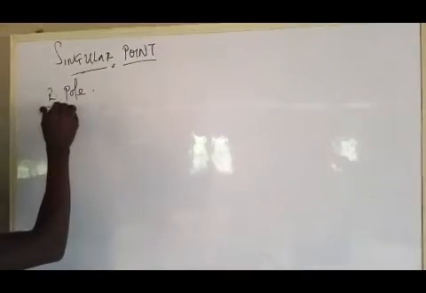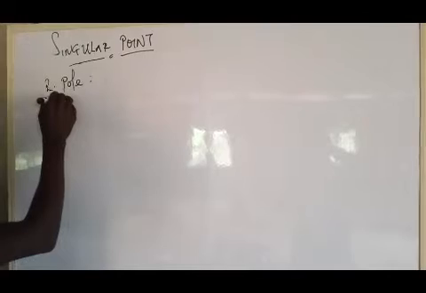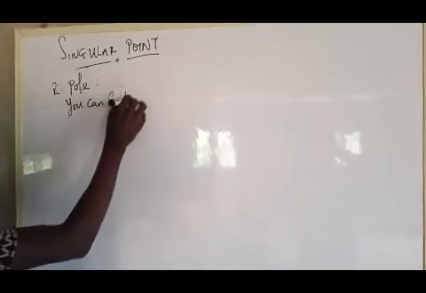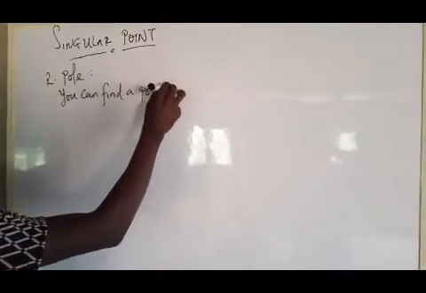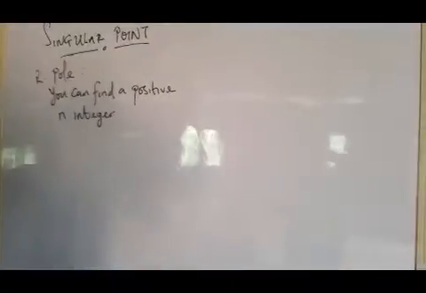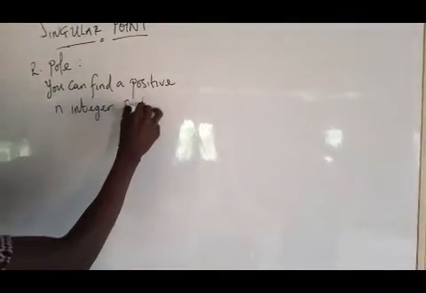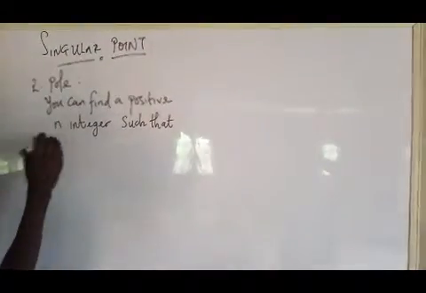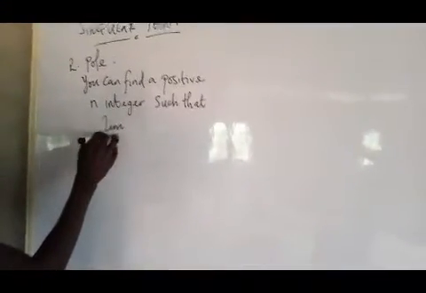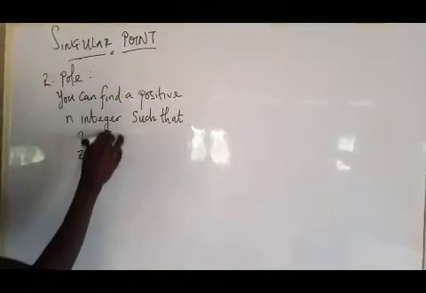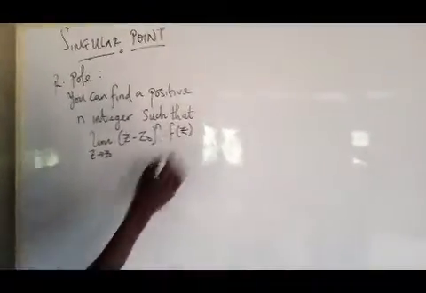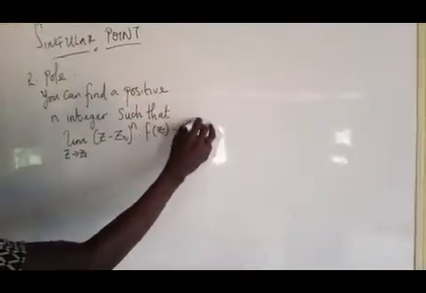The time you say a number is a pole of order anything is when you can find a positive integer n such that, this is the formula we use when we are solving poles, the limit as z tends to z naught of z minus z naught raised to power n multiplied by f of z equals a, and a is not equal to 0.